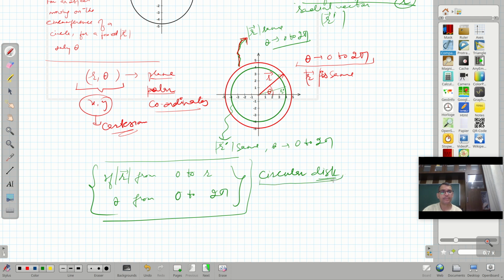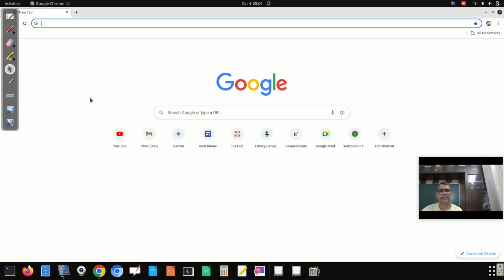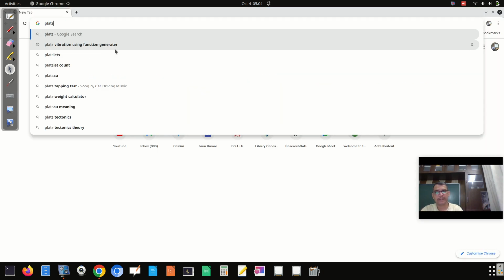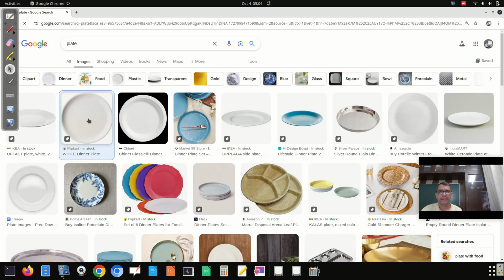For example, I am having a circular object, say it's a plate. Let me take an example. So this is basically a plate which I am considering here.